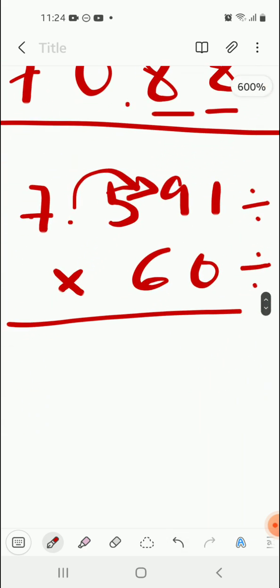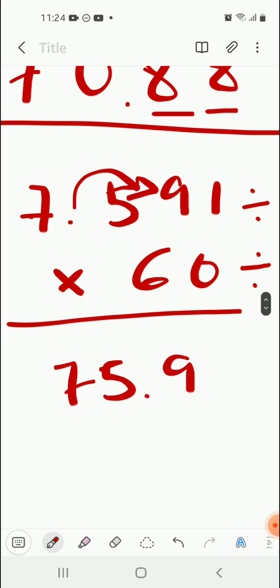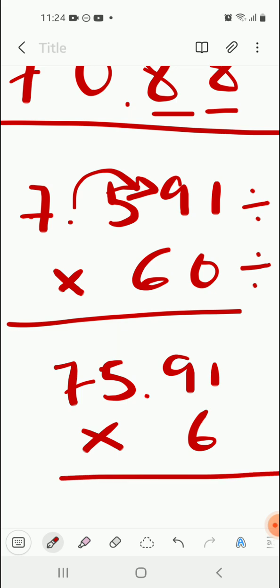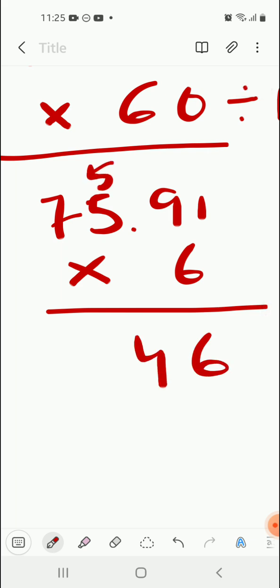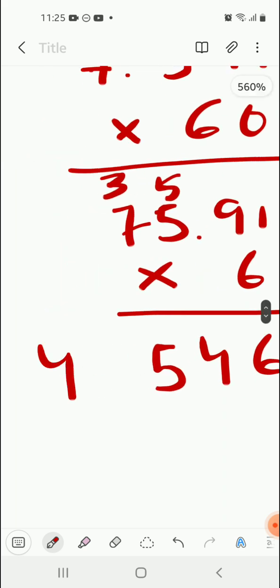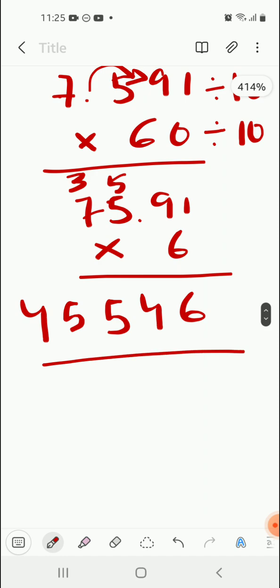So now what we have is 75.91 into only 6, because the 0 got cancelled. Now it becomes slightly easier and shorter for us to do the sum. So now 6 ones is 6, 6 into 9 is 54, 6 5s are 30 plus 5, 35, 7 into 6, 42 plus 3, 45. So it's a single step done.